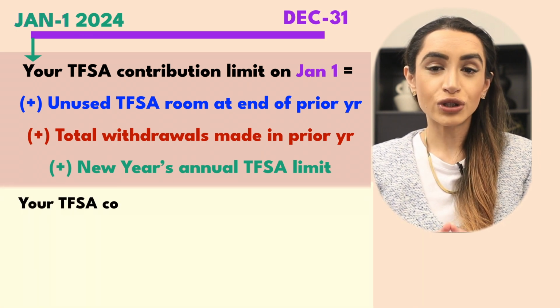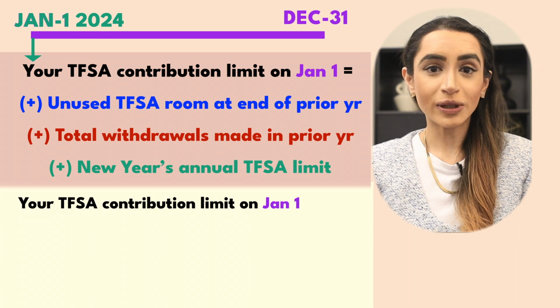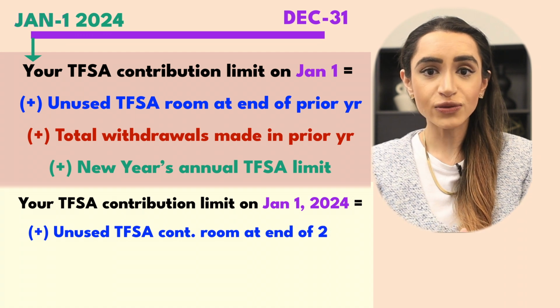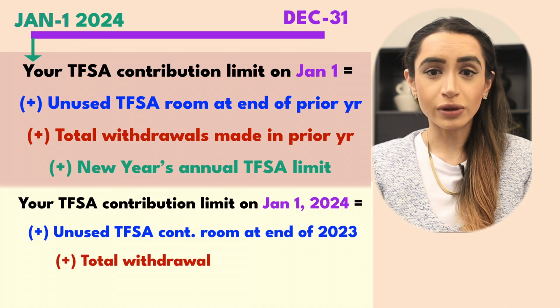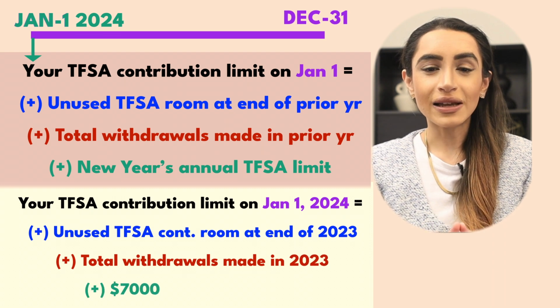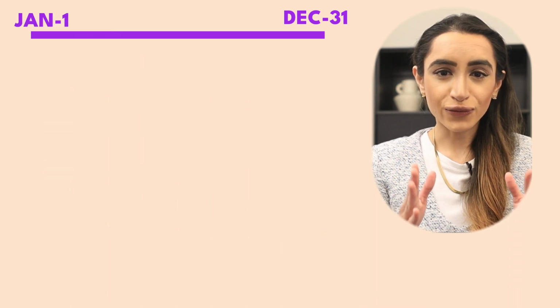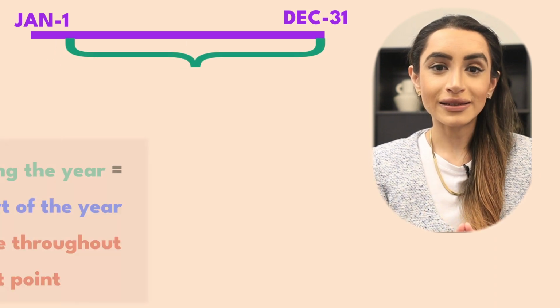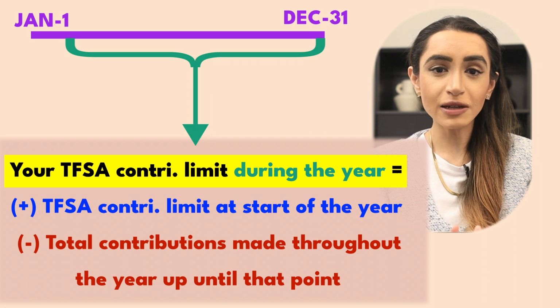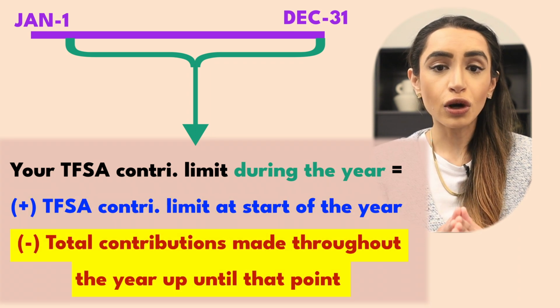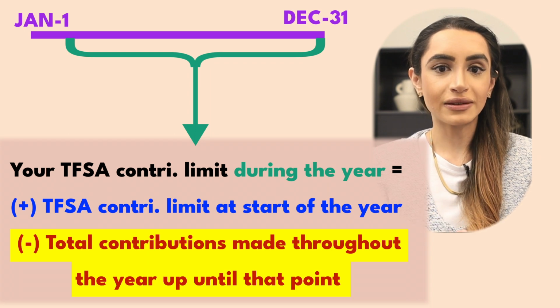The TFSA contribution limit on January 1st, 2024 is equal to the unused TFSA contribution room at the end of 2023 plus the total withdrawals made in 2023 plus $7,000, which is the 2024 TFSA limit. Now the formula to calculate your TFSA contribution limit during the year is: the TFSA contribution limit at any point in time during the year is equal to the TFSA contribution limit at the start of the year minus the total contributions made through the year up until that point.